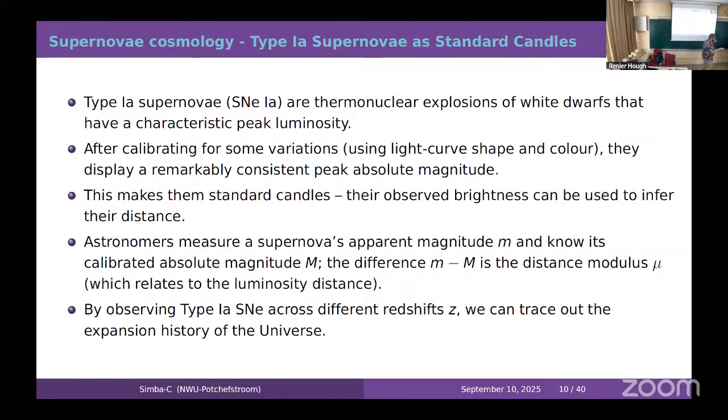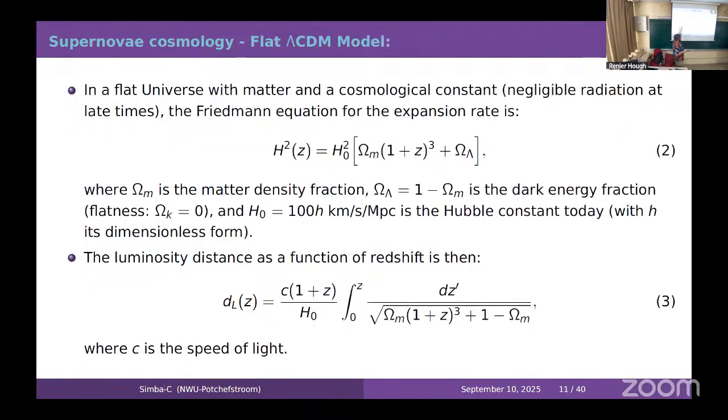Then you can say, okay, the absolute magnitude that's calibrated, because they're all very much the same, gives us the luminosity distance. So you have the observable on that side. On the other side, the distance modulus correlates to the luminosity distance. This is now the model side where you connect it.